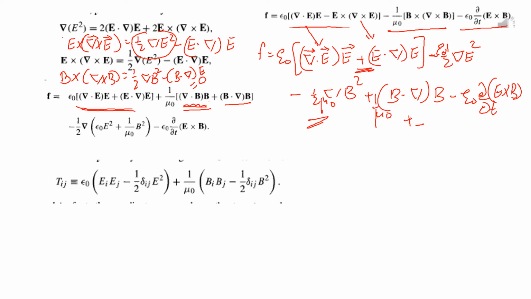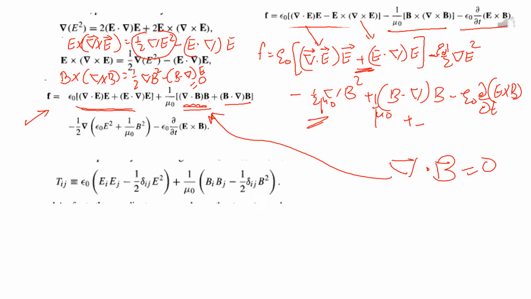But adding this del dot B will not make any difference in this equation, because we know from Maxwell's equation that del dot B equals 0. So introducing a del dot B term will not change the entire equation. Instead, this will make it symmetrical. But you can see that the equation that we got is still somewhat complicated.